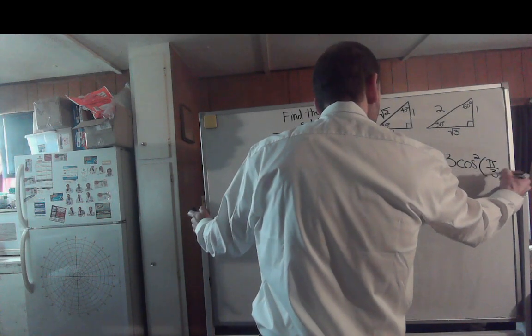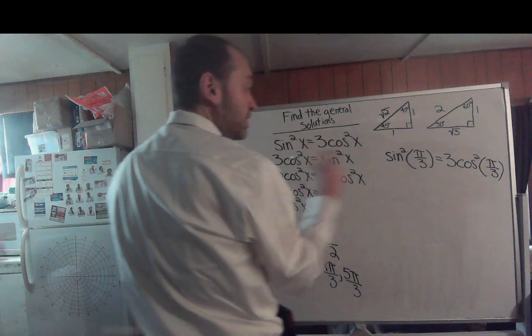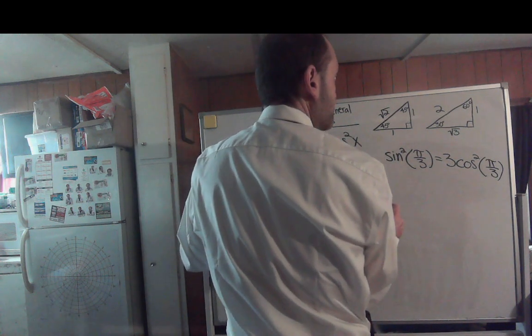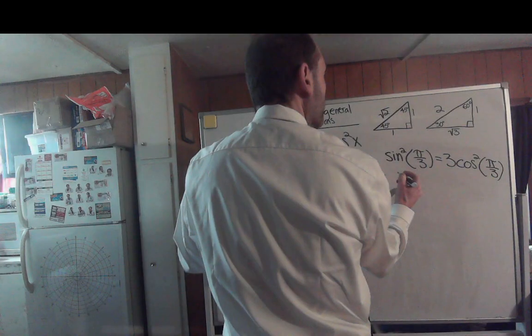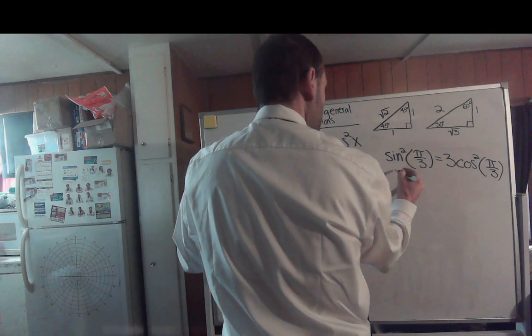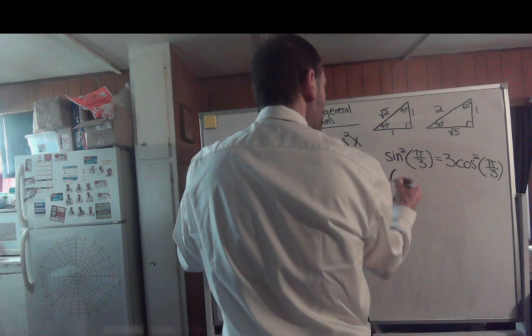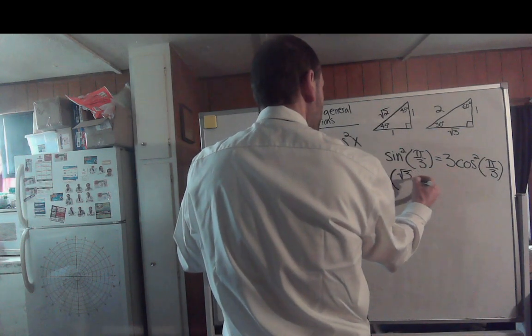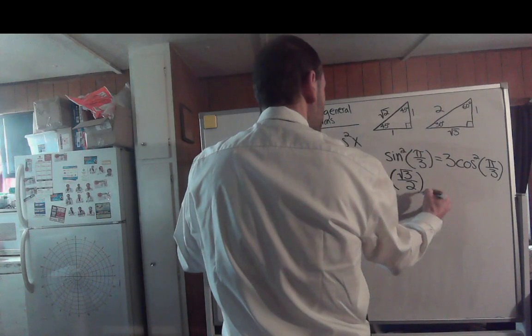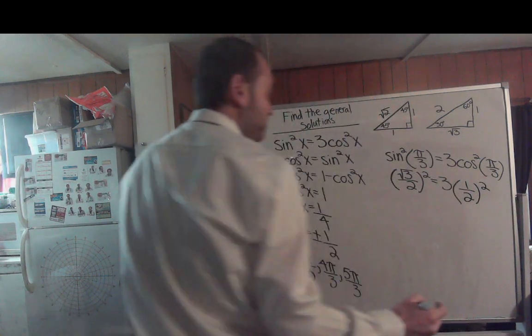Well, is this true? What is the sine of pi over 3, which is 60? That would be the square root of 3 over 2. So you would take that square root of 3 over 2 raised to the second power, set it equal to 3 times what's the cosine of pi over 3? That's 1/2 raised to the second power.